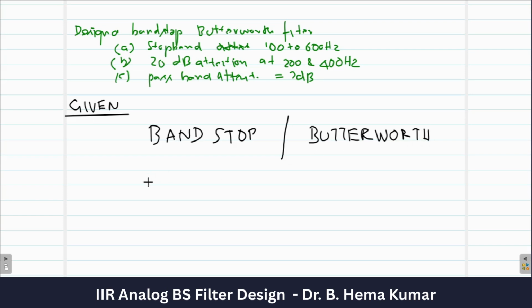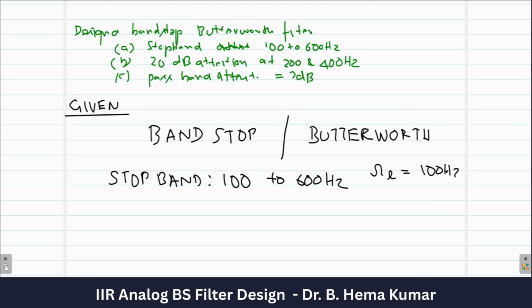What are the other details given? Stop band range is given, from 100 to 600 Hz, which means that the lower value is 100 Hz and the upper value is 600 Hz.